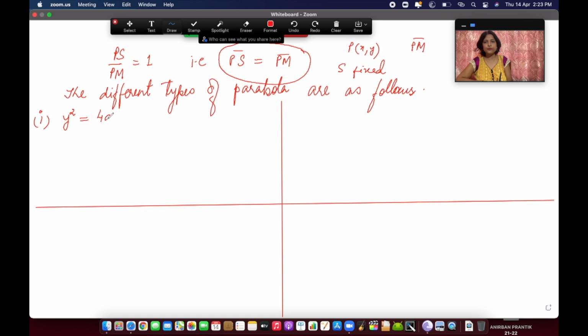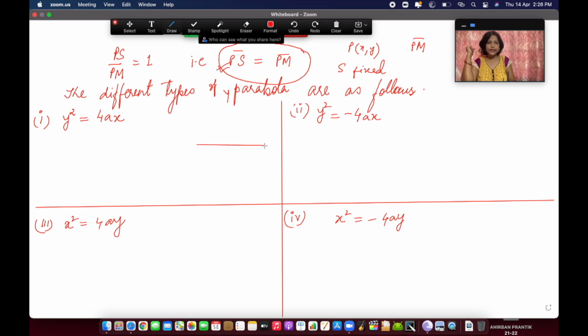y square equals 4ax, the first case. Second case, we will get y square equals minus 4ax. Third form, x square equals 4ay. And the fourth form, x square equals minus 4ay. So suppose we have the x-axis and the y-axis mutually perpendicular to one another.